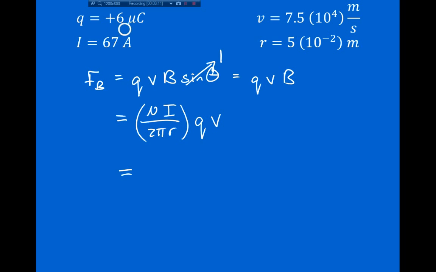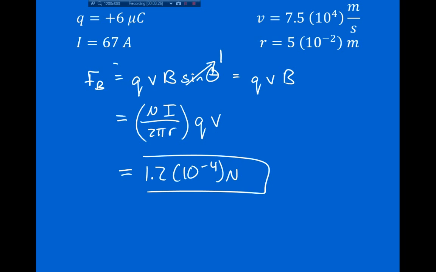Oh no, I'm sorry, it's 6 microcoulombs, and the velocity is 7.5 times 10 to the 4 meters per second. If I plug all this into a calculator, I can see that the magnetic force is going to be equal to 1.2 times 10 to the minus 4 newtons. So that's the force that's exerted on this charged particle, which is moving parallel to this current-carrying wire.